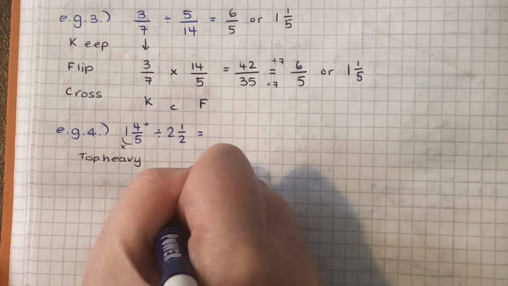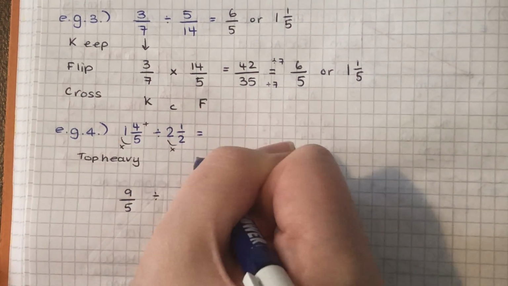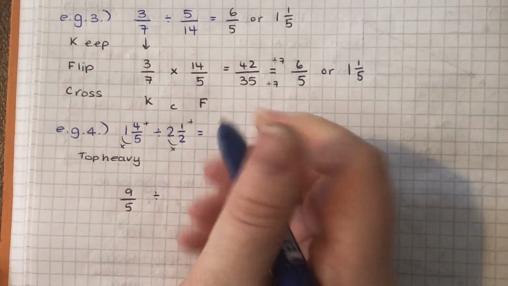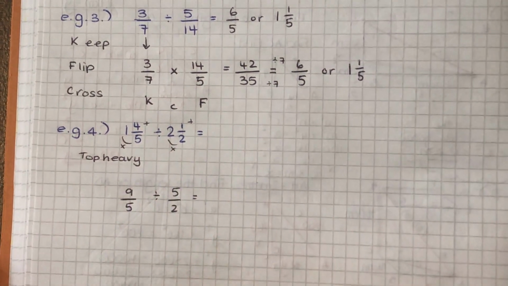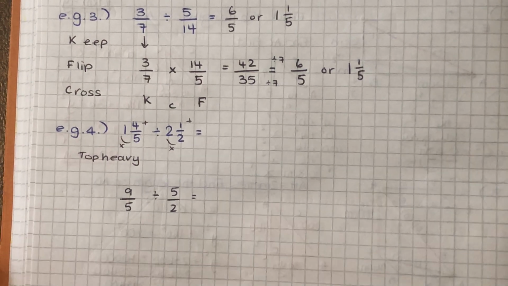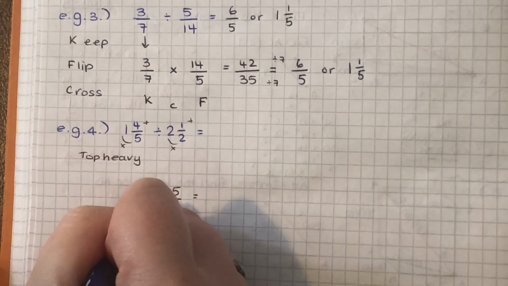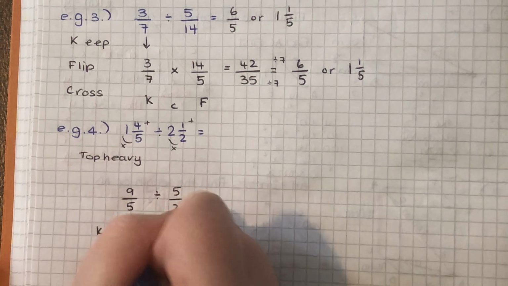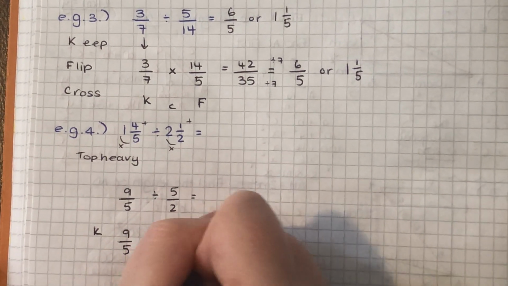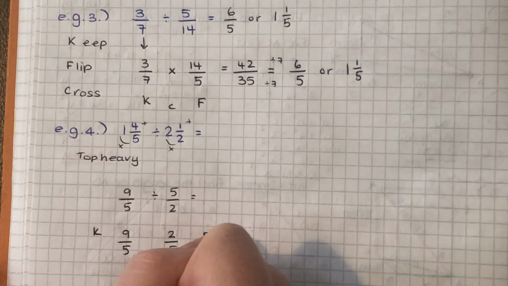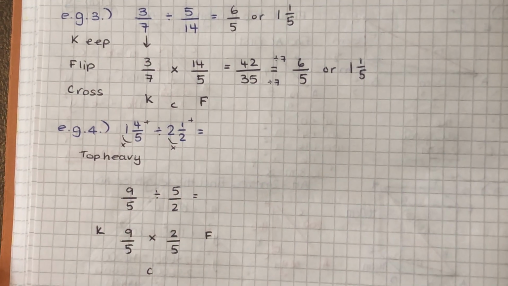Divided by 2 times 2, which gives you 4, plus the 1, which gives you 5. Then we can do the KFC bit. K is for keep, so we're going to keep it as 9 over 5. F is for flip, so we're going to flip it over. And C is for cross.